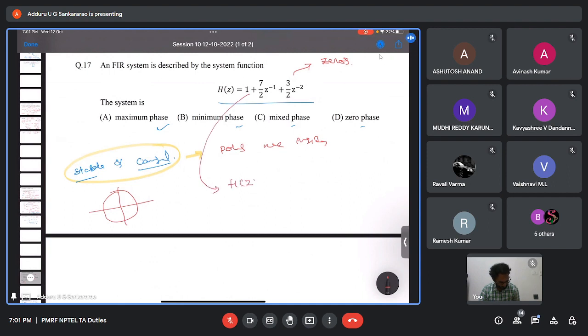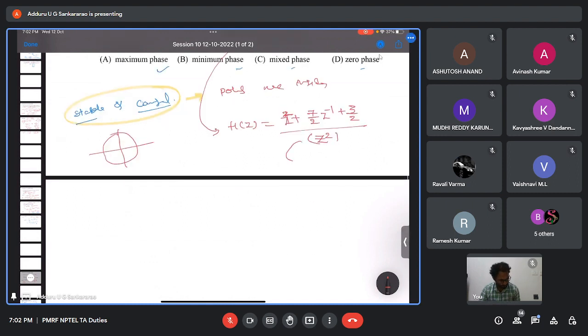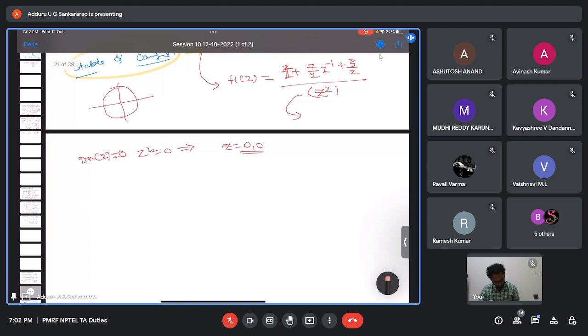I can write it like this: 1 plus 7 by 2 z inverse plus 3 by 2 z inverse squared, that is z squared plus 7 by 2 z plus 3 by 2 over z squared. Now the denominator made equal to 0 gives the poles. So 0, 0 are the poles. The poles are at the origin, that is inside the unit circle only. Now make the numerator equal to 0.